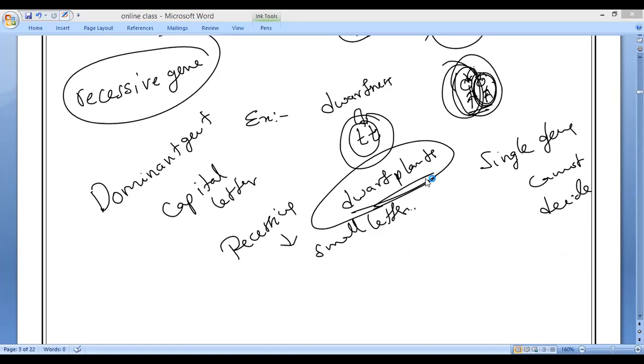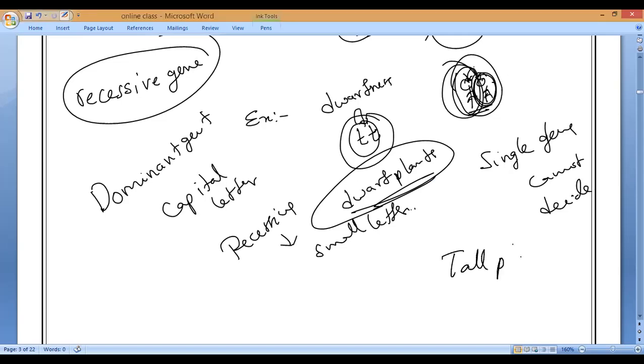That is what we say a dominant gene. So for example, if you want to get tall plants, we will have two genes, either both capital T, or capital T and small t.